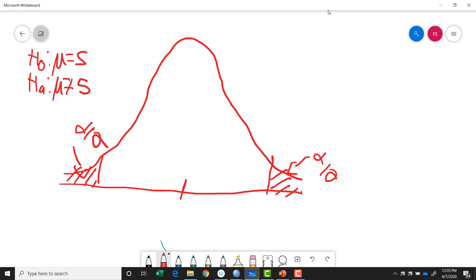And again, what we do is we have a t, which is going to be t alpha over 2 with n minus 1 degrees of freedom. And we're also going to have a minus t alpha over 2 with n minus 1 degrees of freedom. And we're going to reject.